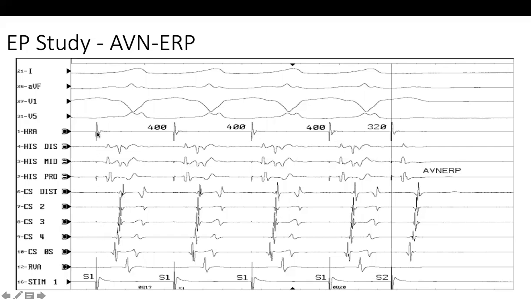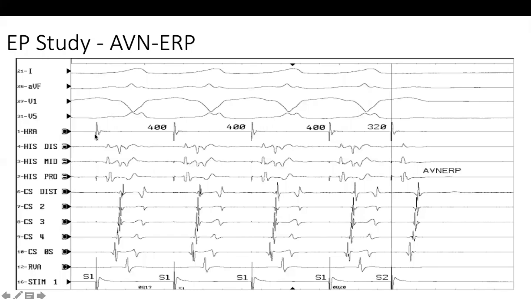And here, for example, we are pacing the atrium, pacing the atrium, pacing the atrium. Sorry, pacing the V, pacing the V, pacing the V. Then the last one, the retrograde conduction is the recorded one.